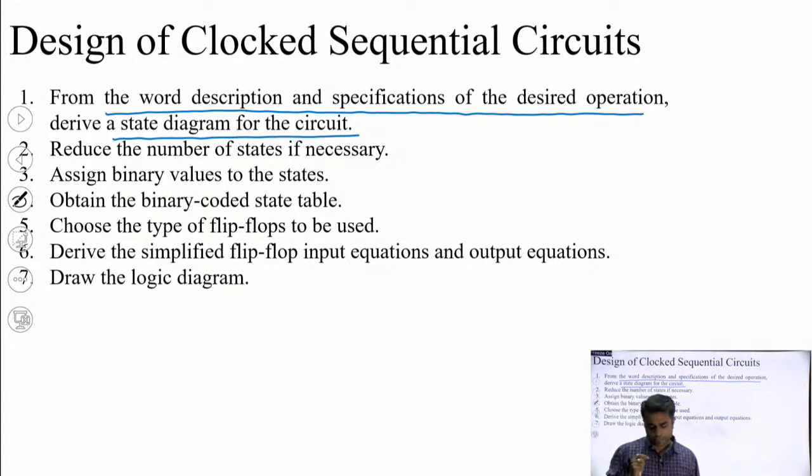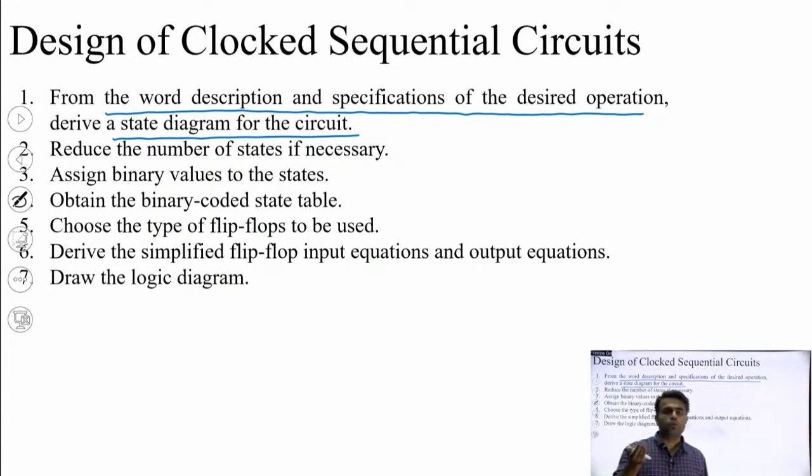Okay. And there is a question from Jitendra: sir, is there any effect on the state table if it is independent of external input? The next state will always be dependent on the input.